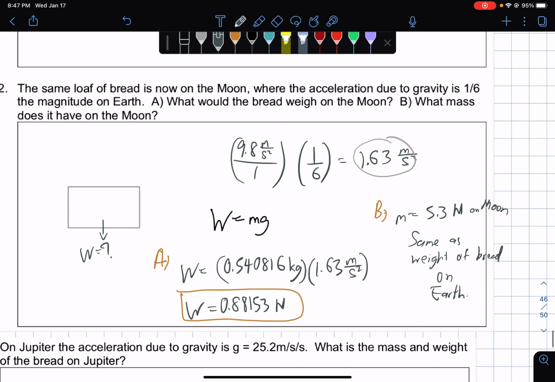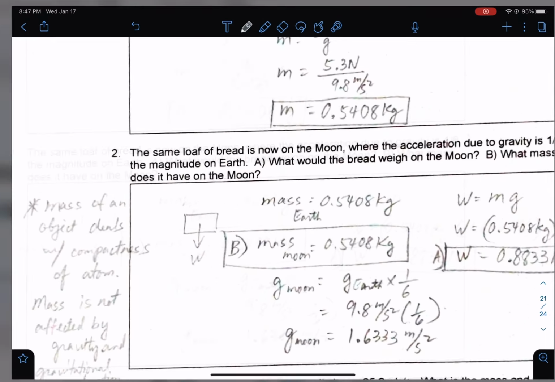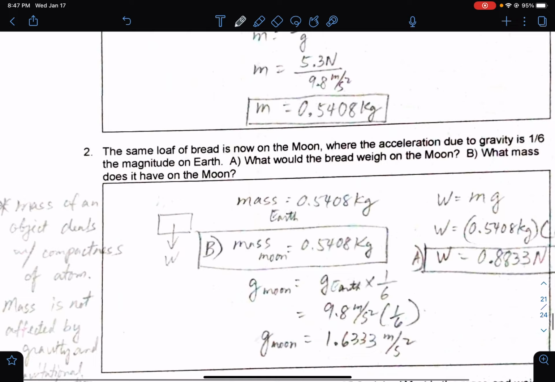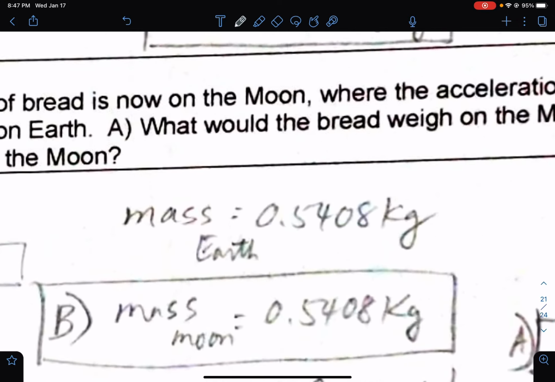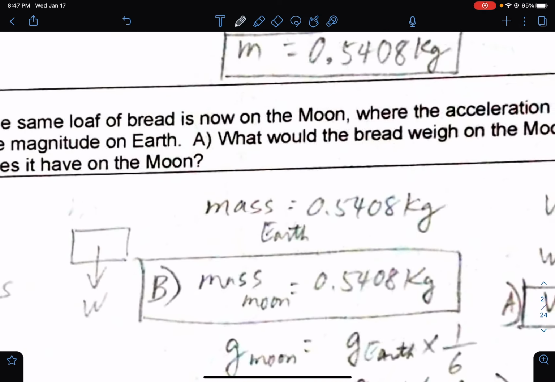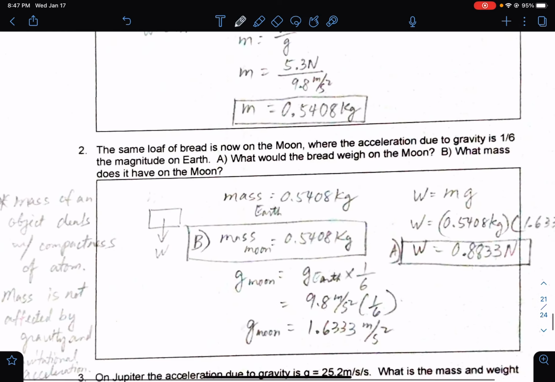So what is the mass on the moon? Did I get it right? Well, yes. As you can see, it's the same mass. It's just the weight that is different.